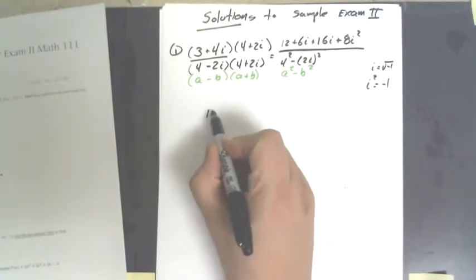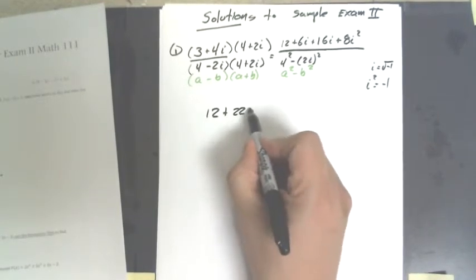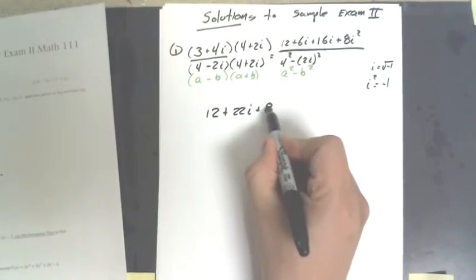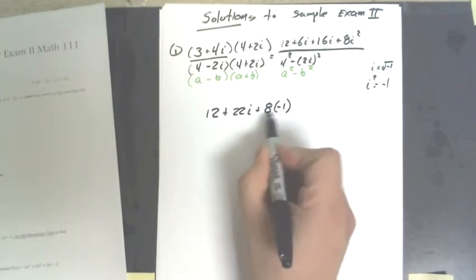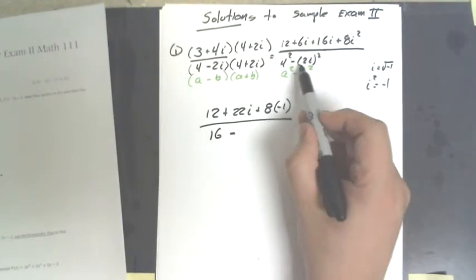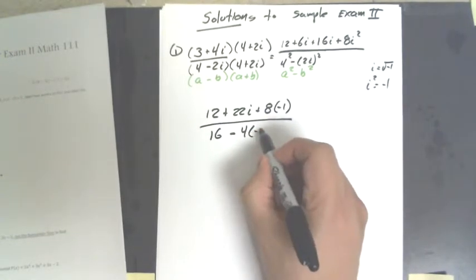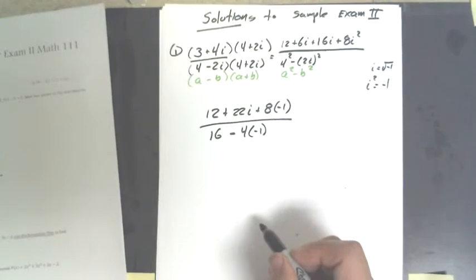So this does turn into 12 plus, combine like terms there, 22i plus 8 times -1. It's going to turn into a -8. Over 16 minus the 2 squared is 4, and the i squared turns again into -1.